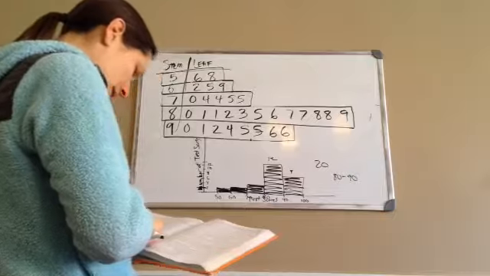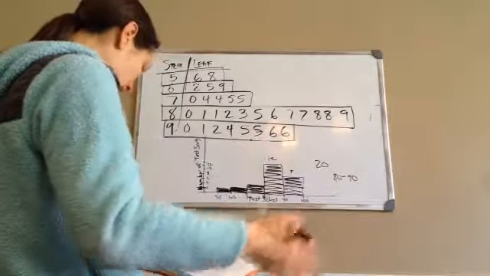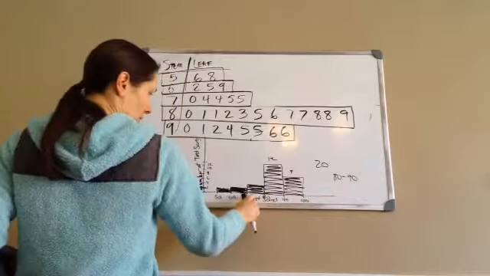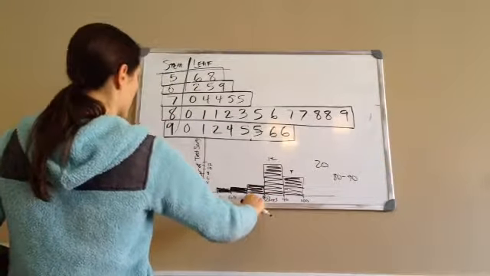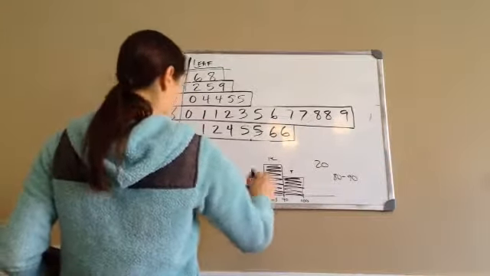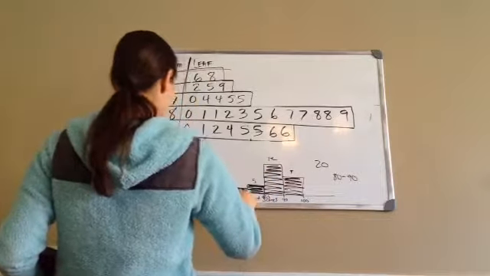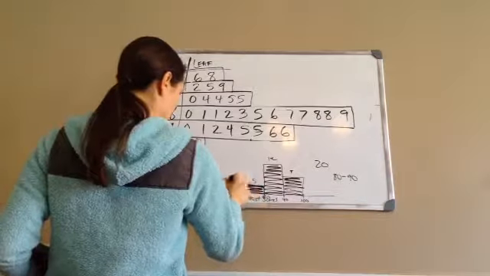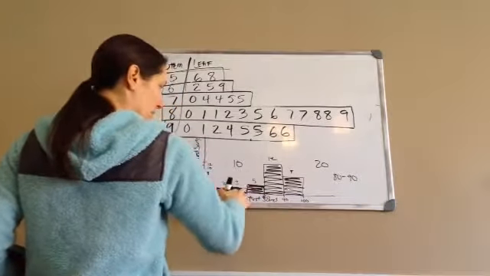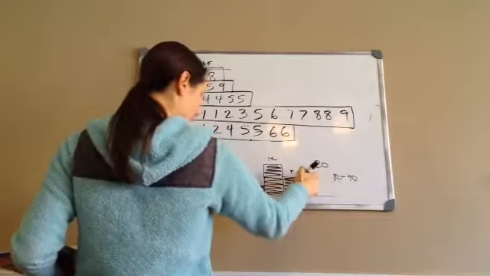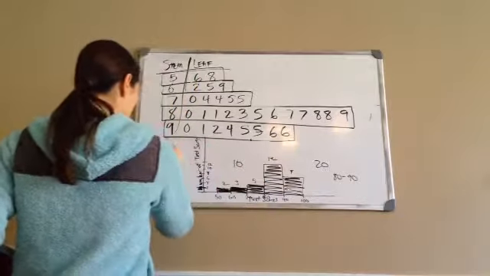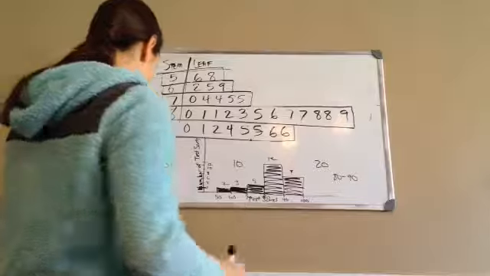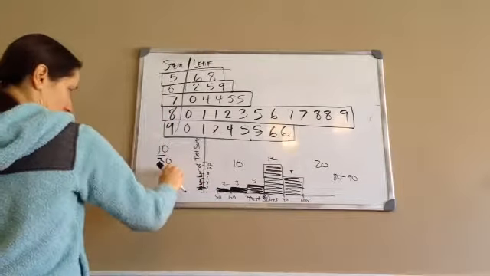And then the next one is, what percent are less than 80? Then we would go, okay, the 70s were 5 of them, the 60s were 3 of them, and the 50s were 2 of them. So 5, 6, 7, 8, 9, 10. 10 of them out of 20 plus 10, 30. So 10 out of 30 were less than 80. And they want to know the percent.